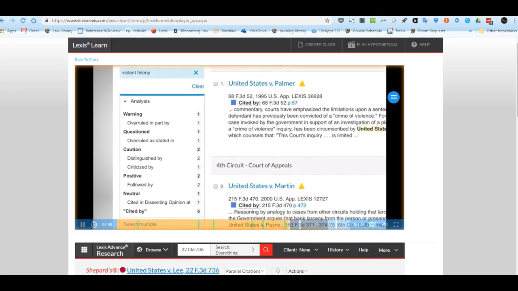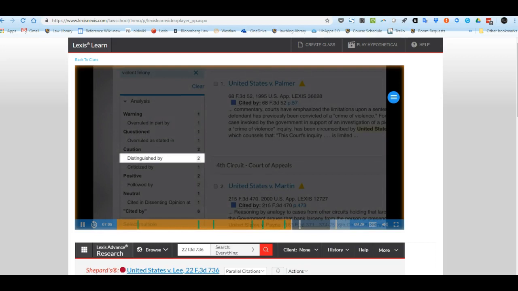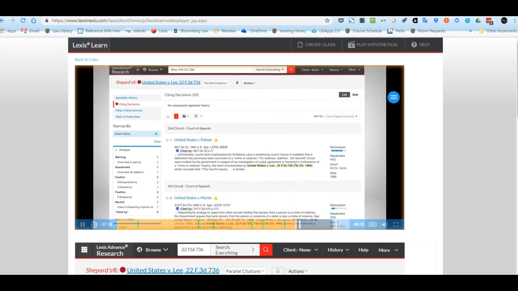Under Analysis on the left, you can see there are 2 cases overruling a holding from Lee, 2 cases distinguishing themselves from a holding in Lee, and 1 case criticizing a holding from Lee. In all, you have 4 cases to review because 1 case both distinguishes and criticizes Lee. Click the warning link to see the case overruling a holding from Lee.